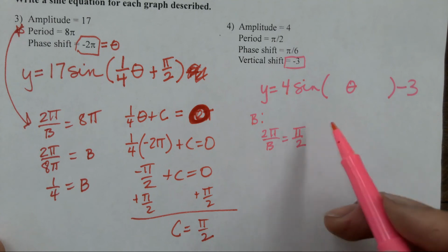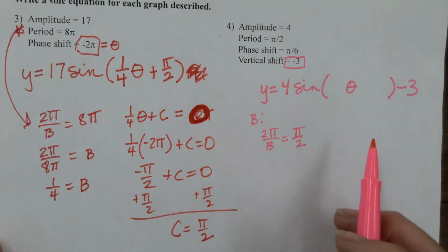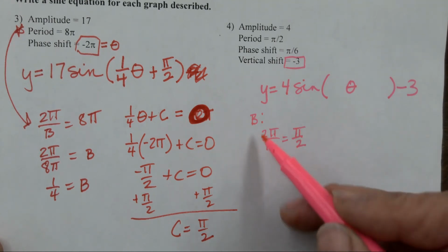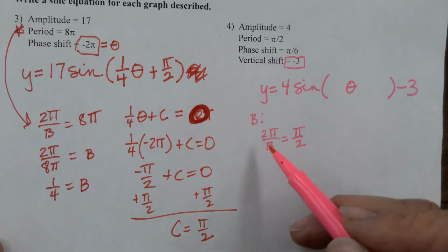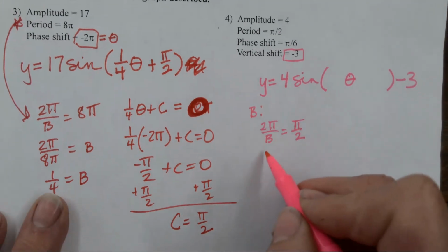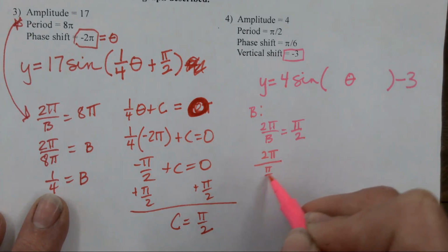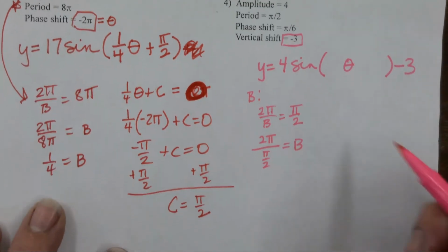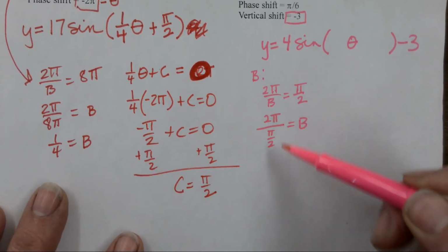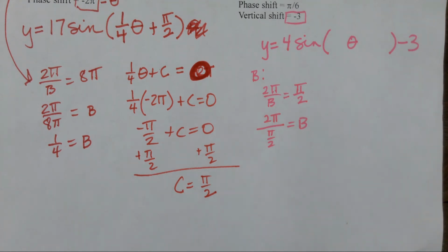It just looks ugly. I could also cross-multiply. You guys remember doing that from back in the day? But I like to keep consistent, so I'm just going to flip-flop. This is 2 pi over pi over 2 equals B. Again, that's a pretty ugly-looking thing, but it's okay.